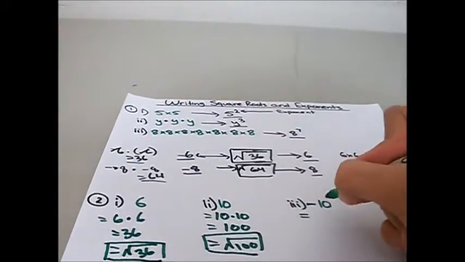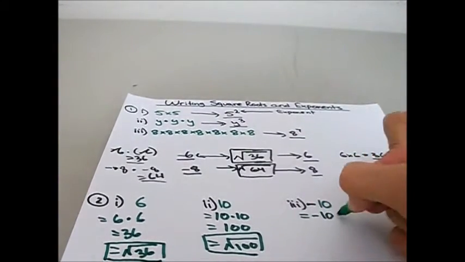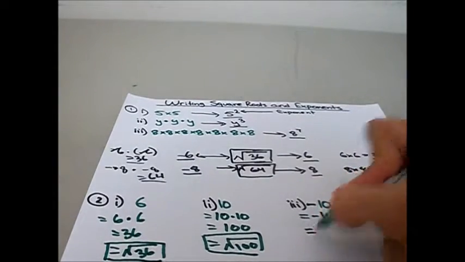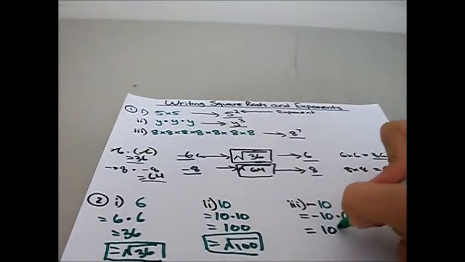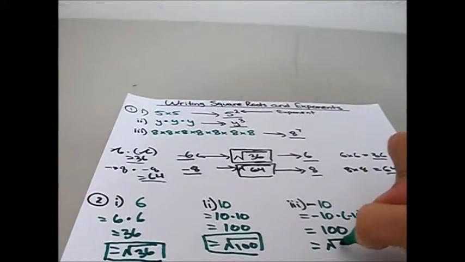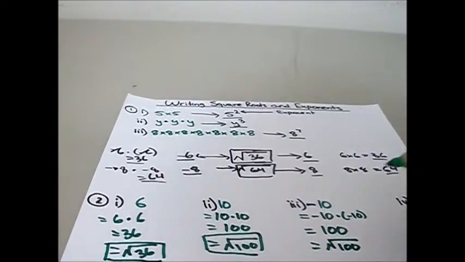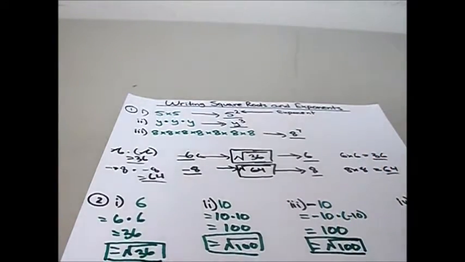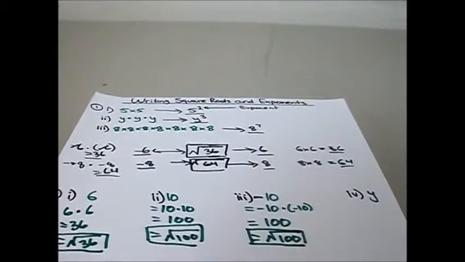The next one is negative 10. So negative 10 times negative 10 is also equal to 100, since the negatives cancel each other out. We write it under our square root sign, and negative 10 is also equal to the square root of 100. The last one is y.